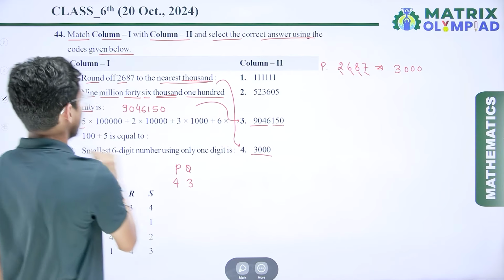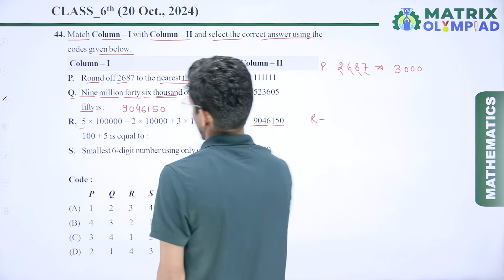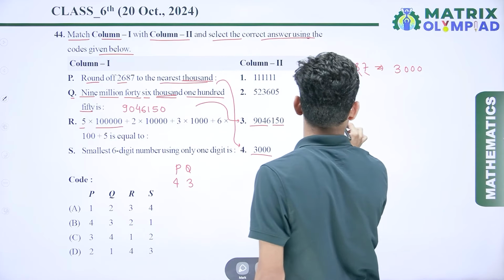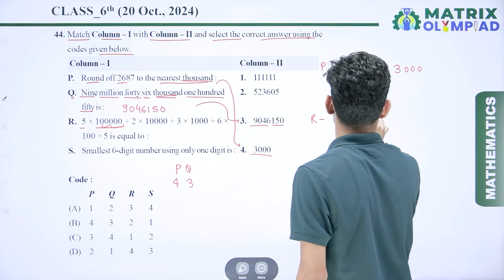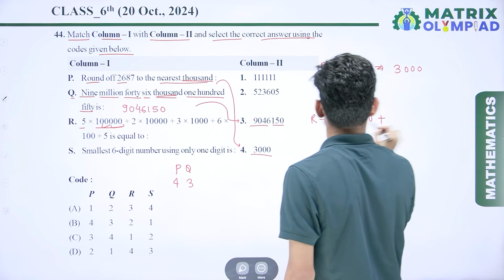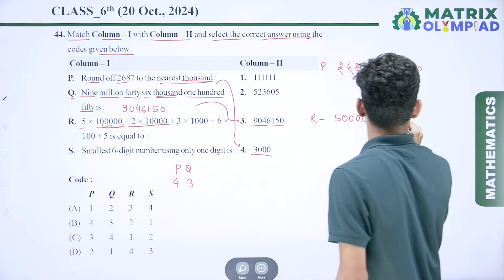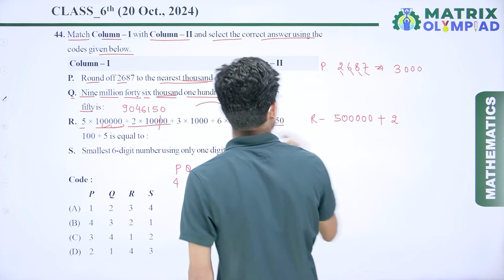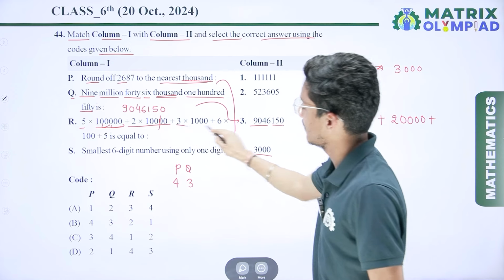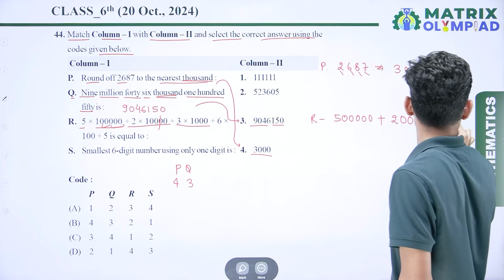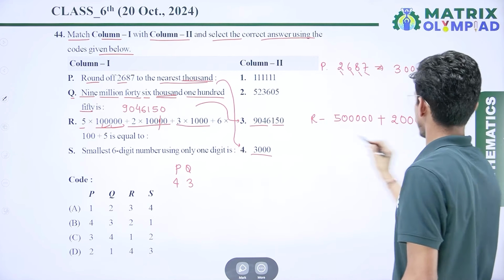If I talk about R, that is 5 multiplied by this one. Check how many zeros are there: 5. Plus 2 multiplied by this one, with 4 zeros. Plus 3 multiplied by 1000, which is 3000.